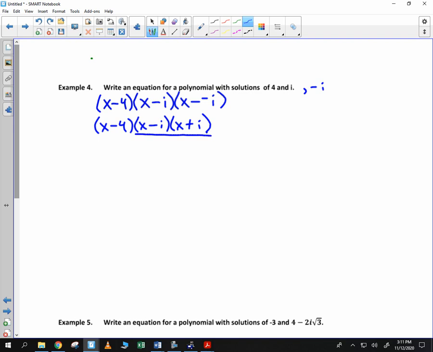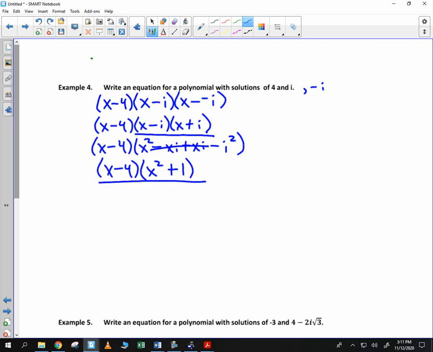I'm going to multiply these two. X minus 4 times x squared minus xi plus xi minus i squared. Notice those cancel. X minus 4 times x squared, that will be a plus 1.